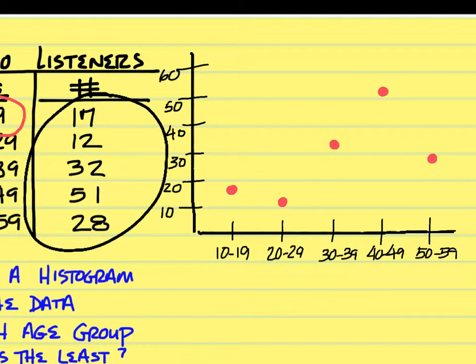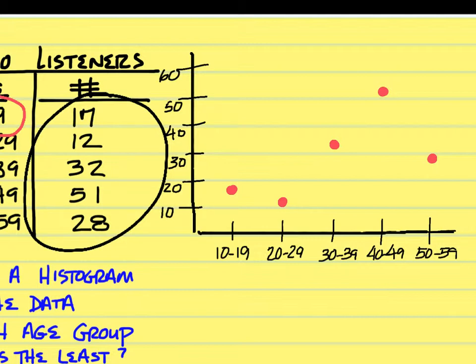Now, that is the same thing as you do for a histogram, but you can do more now because you have to put bars in. And here's how you do it.